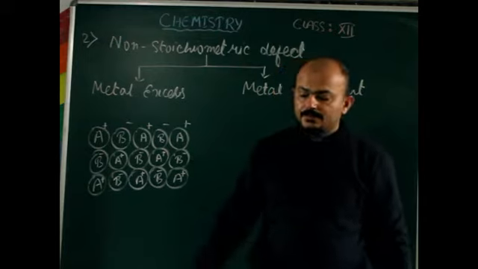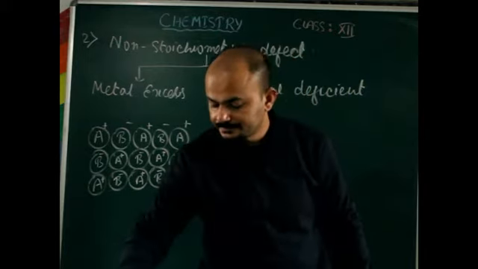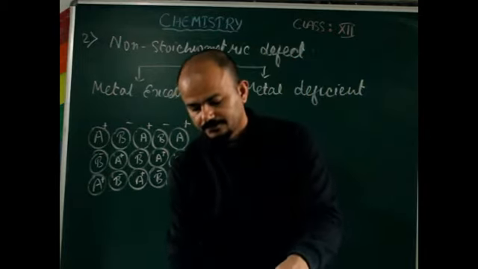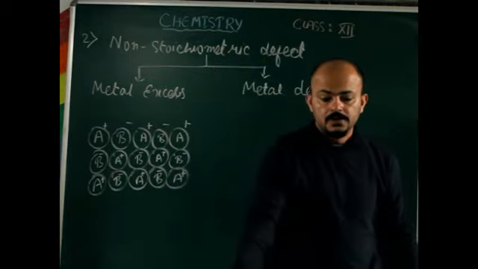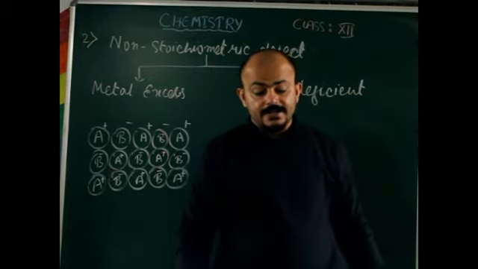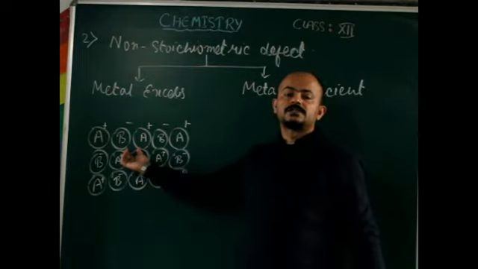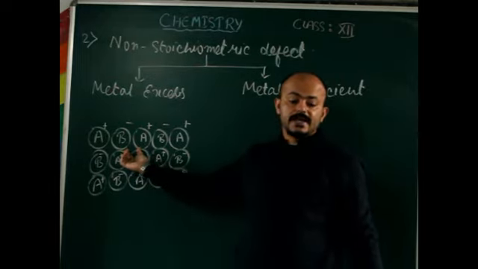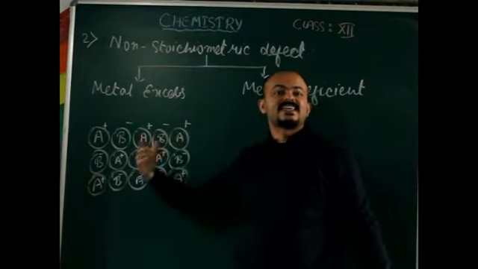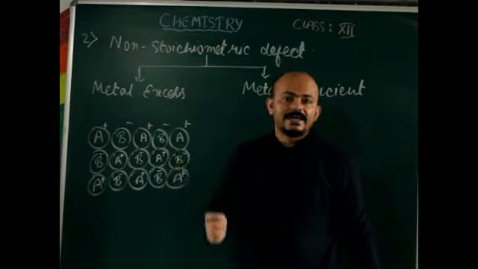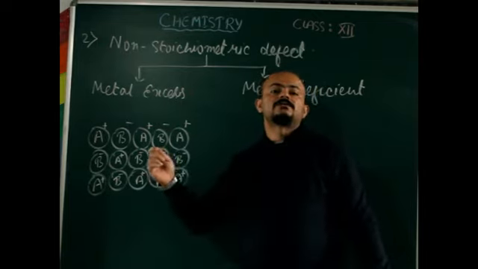Now in this type of defect, what happens is, an extra cation is coming and occupying what? The interstitial site. Not only the extra cation, but to neutralize that, there has to be one electron occupying one of the other sites.